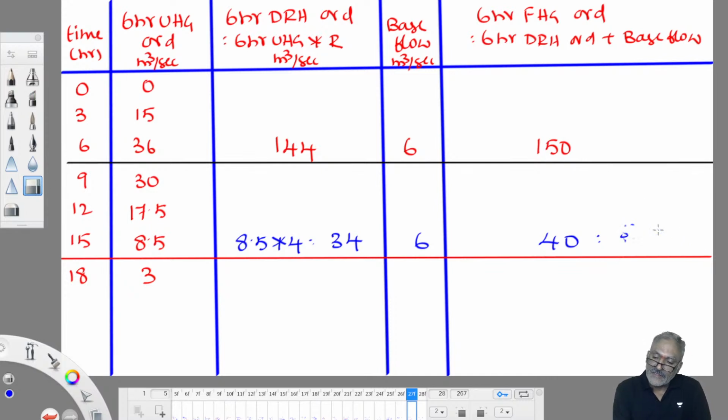Base flow is also included in that. Understood now?